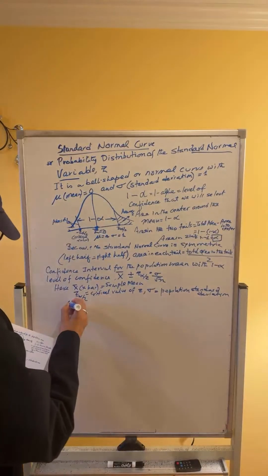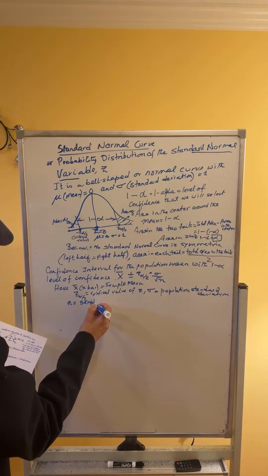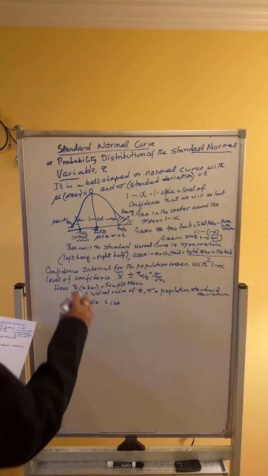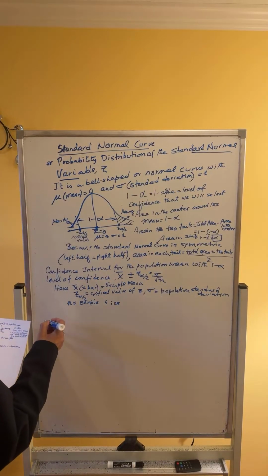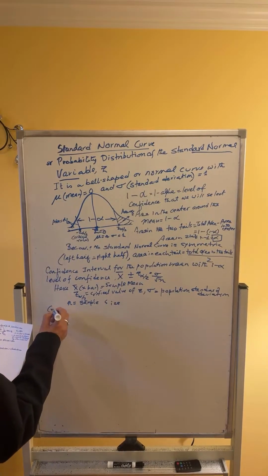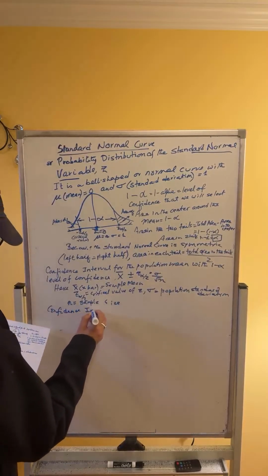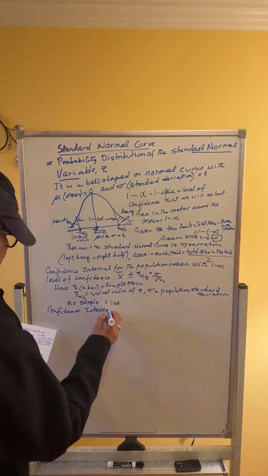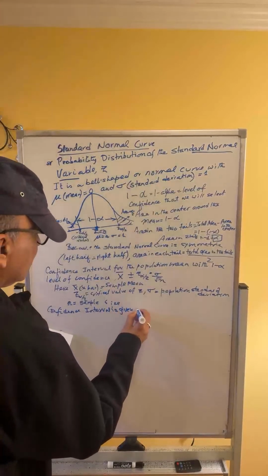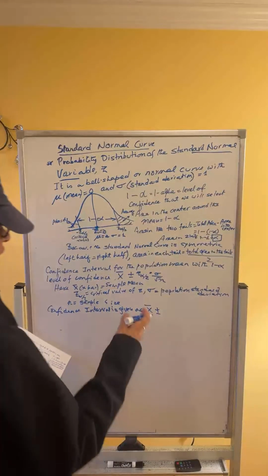And n is the sample size. Now the confidence interval is given as x bar, the sample mean, plus minus M. Why do we do plus minus?